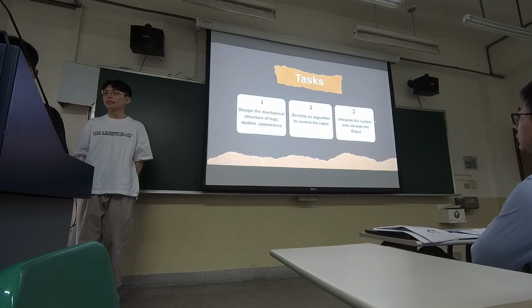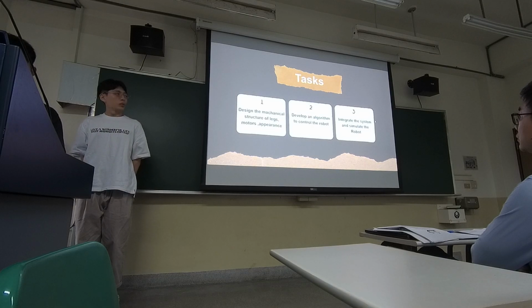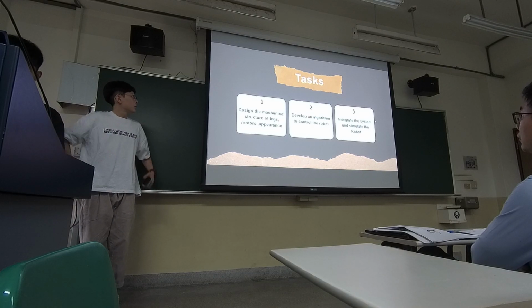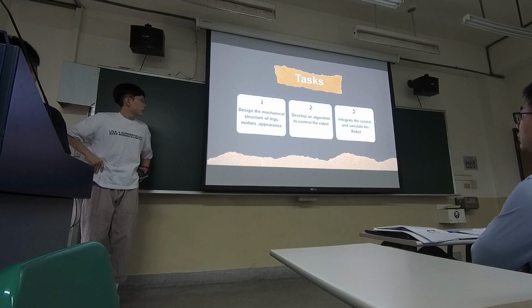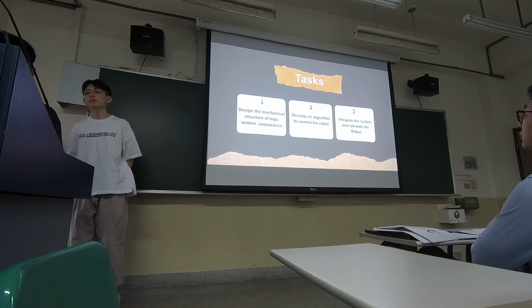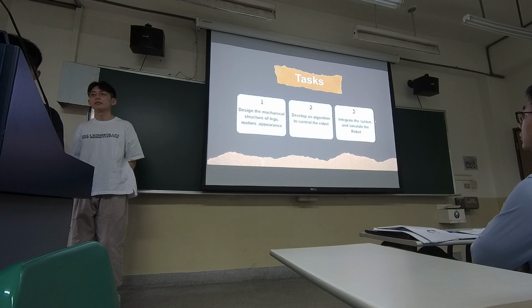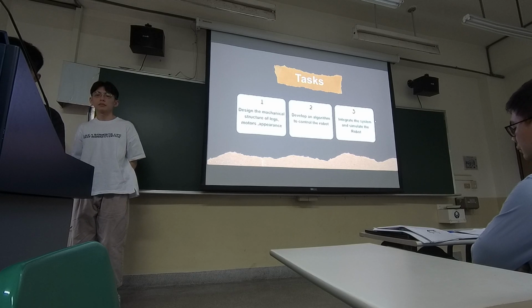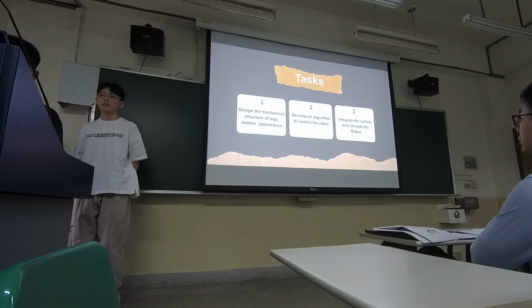To achieve these goals, we have broken down the project into three main tasks. The first task is to design the mechanical structure, focusing on the legs, motors, and the overall appearance of the robot. This will provide the foundation for its movement.